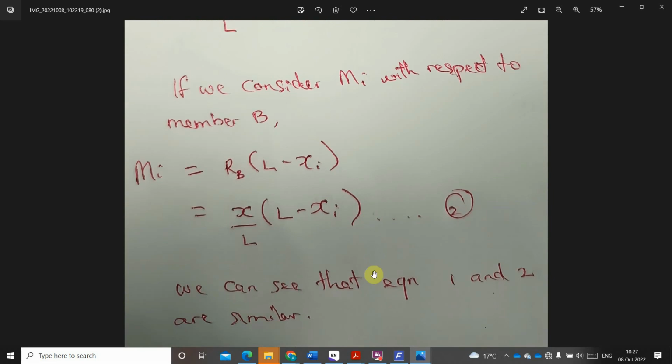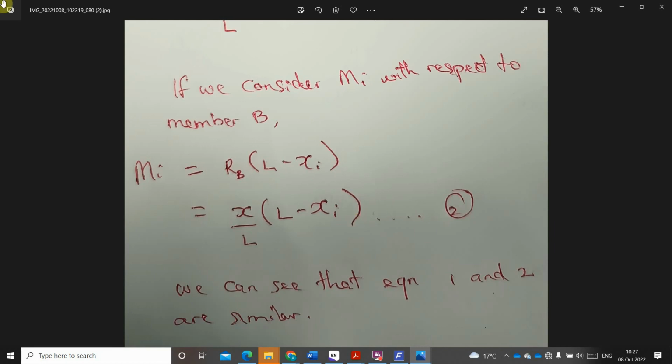What we are going to do is just understand the principle of where your Xi is starting from, when you're looking at member B and when you're looking at member A, we can look at it in the diagram.